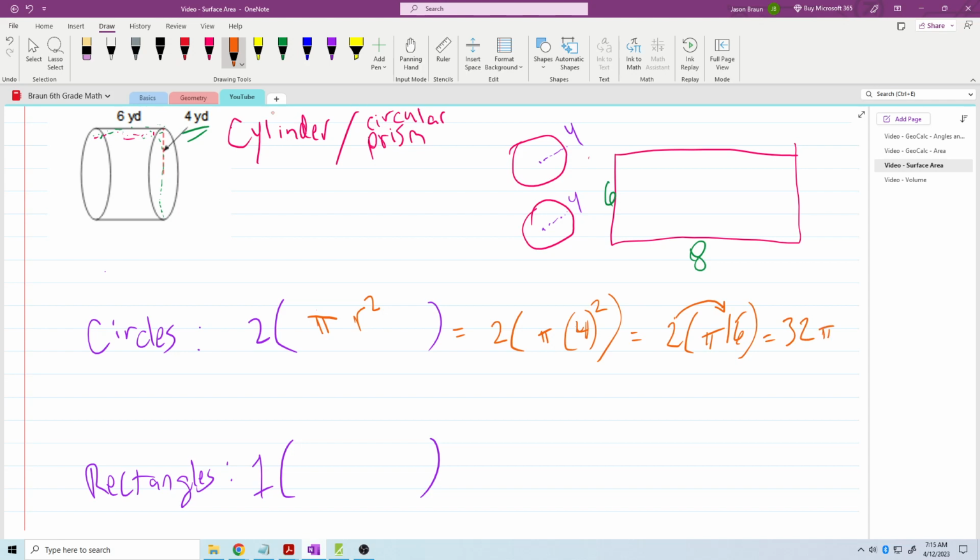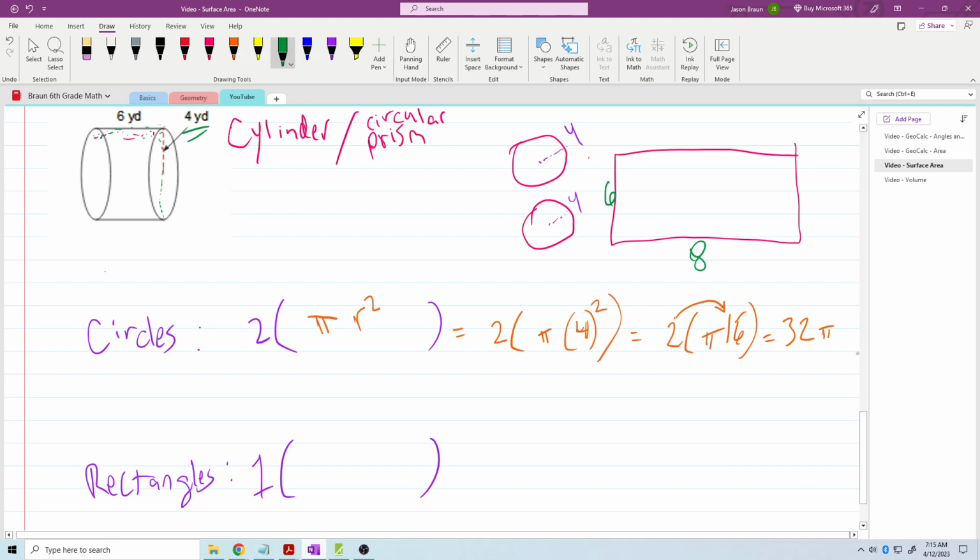You can take it to the next level and do 32 times 3.14 and get a number. In most higher level math, you won't really ever do that. You'll always really just have your answers in terms of pi, which means just worry about the numbers, leave pi alone, but don't forget about it, but leave it alone.